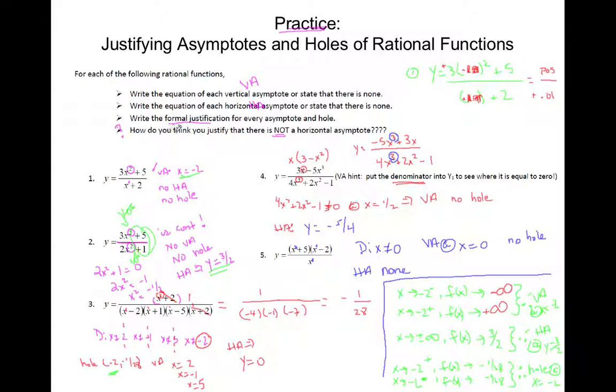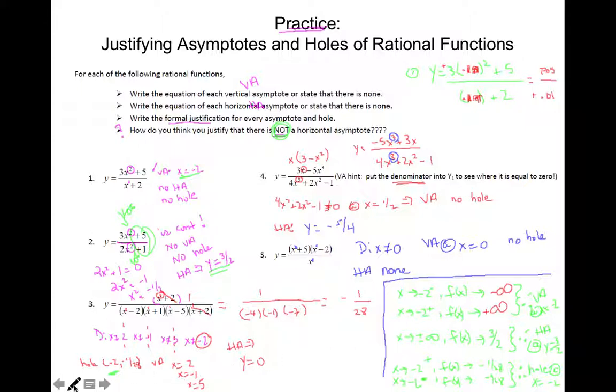Last thing, how do you think you justify there is no horizontal asymptote? Well, which problems had no horizontal asymptote? Right, number 1 and number 5. So let's look at number 5. How do you think you justify that there's no horizontal asymptote? Well, remember what you're looking for.